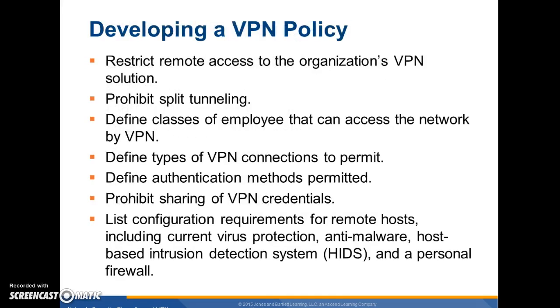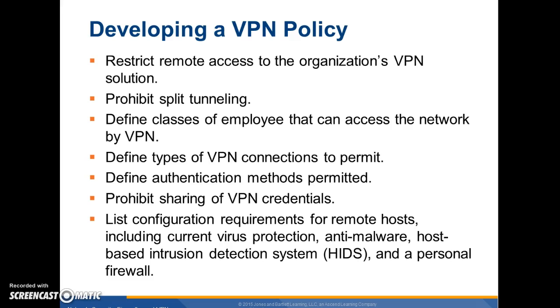Developing a VPN policy. Restrict remote access to the organization's VPN solution. Prohibit split tunneling. Split tunneling is a configuration setting that allows simultaneous access to both an untrustworthy network, like a home network, and a secured VPN network connection.